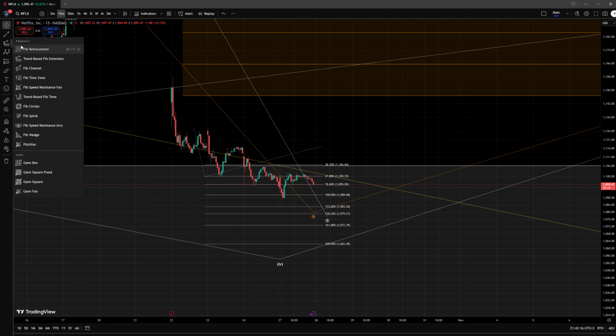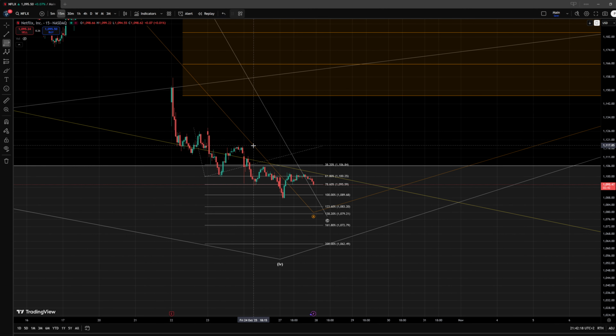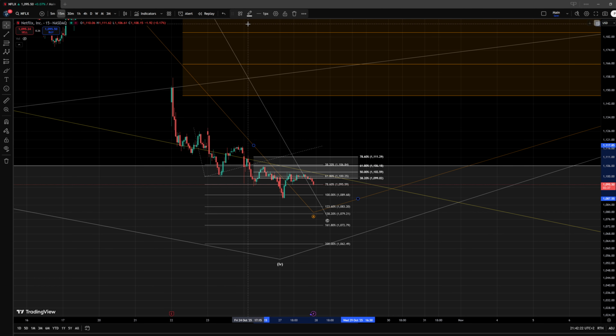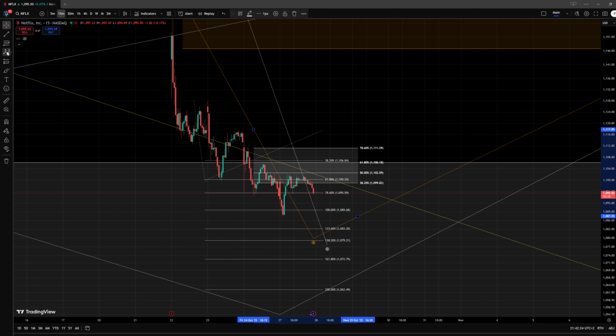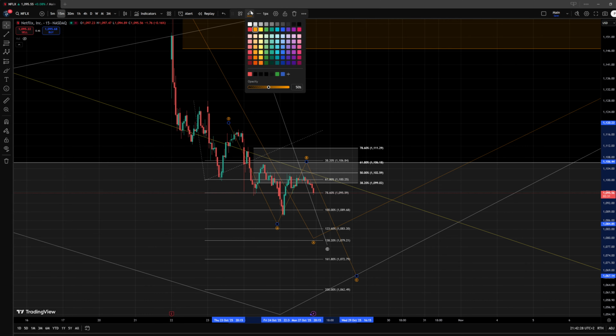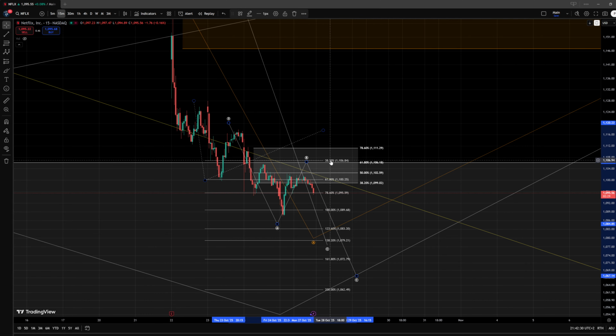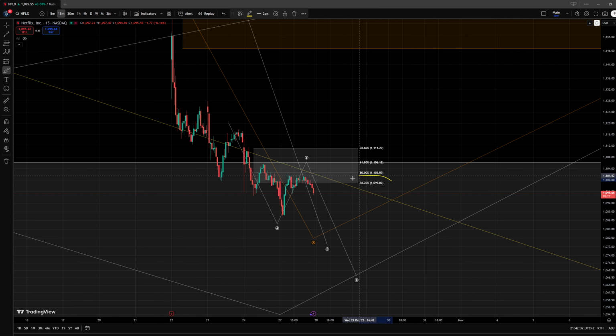But for now, I am still looking for lower internally from this area, and I'm watching again for an area of resistance in this case for a possible AB movement to the downside, or sorry, ABC to the downside. And in that case, we may need to consider the area of resistance between the $1,100 level all the way up to the $1,110 level.